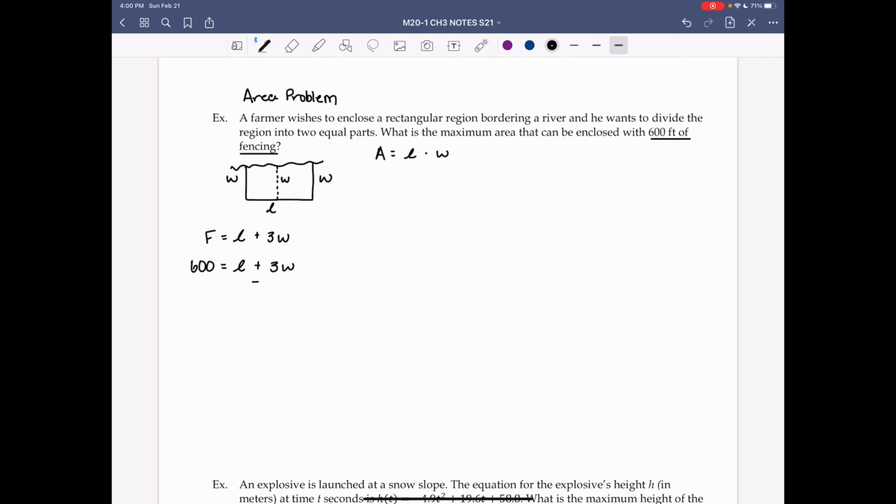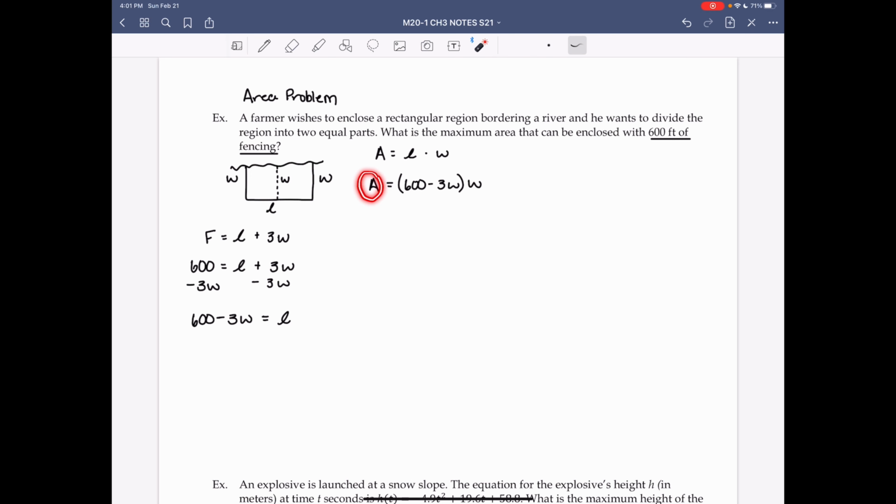If I subtract 3W from both sides to isolate L, then I get 600 minus 3W equals L. So now, instead of writing L here in the area formula, I could replace that with 600 minus 3W because it equals L. So if I do that, I get A equals 600 minus 3W times W. Now I have only 2 variables.